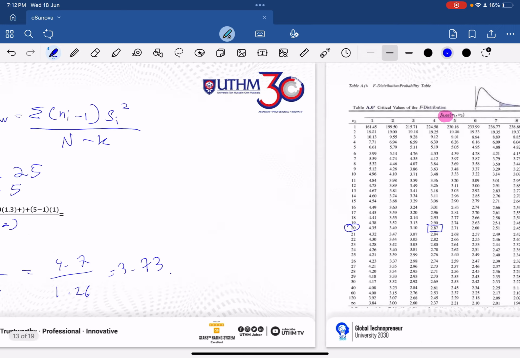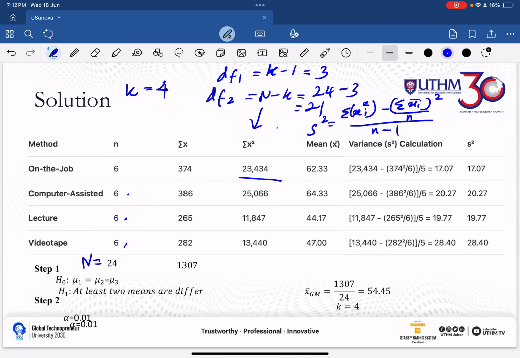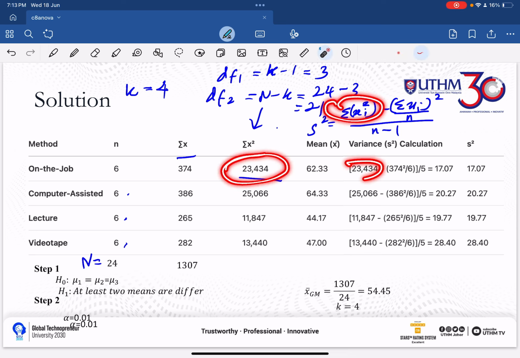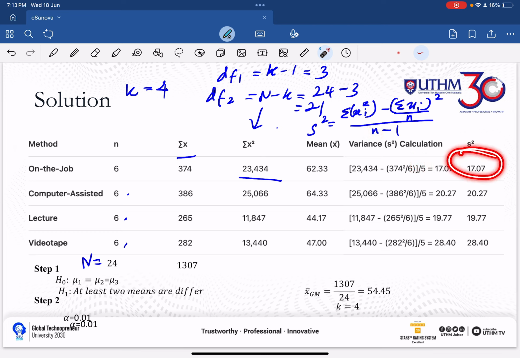Oh, sorry, it's not mean. It's x. Sorry. So here, summation of x. So, summation of x square is 234 minus the summation of x. We square the value. We need to divide by n, which is 6. Divide by n minus 1, 5. You get this is S2.